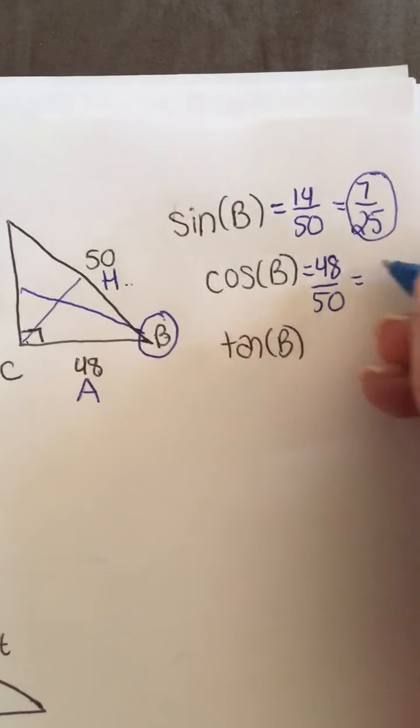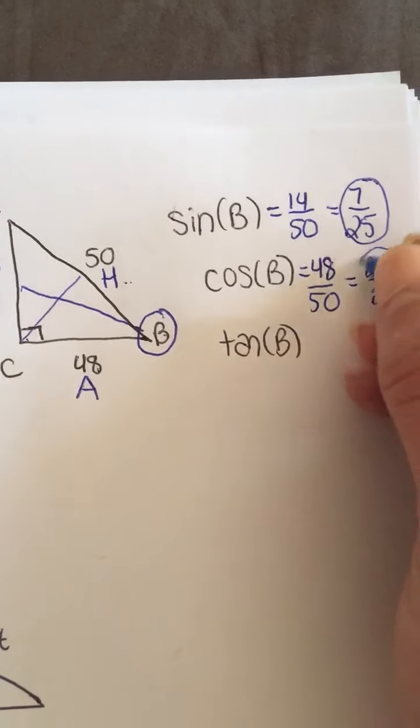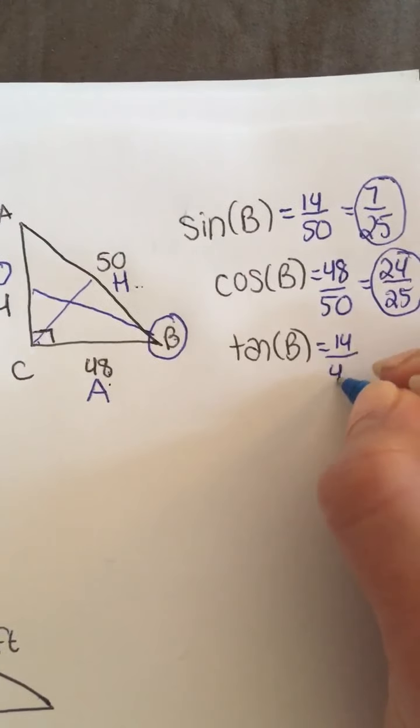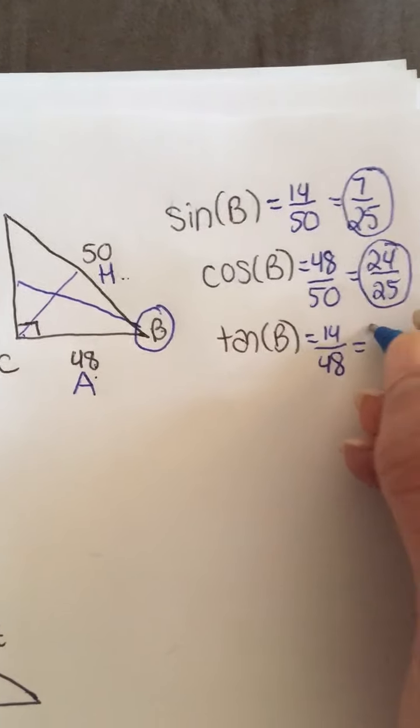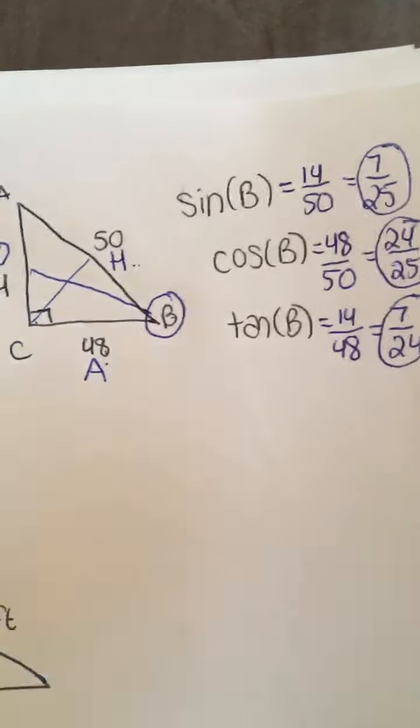Again, divide by 2, 24 over 25. And then last one, tangent is opposite over adjacent. So that's 14 over 48, which gives you 7 over 24. So that's all we're doing for the first lesson. If you have any questions, just email me, and you can pause now.